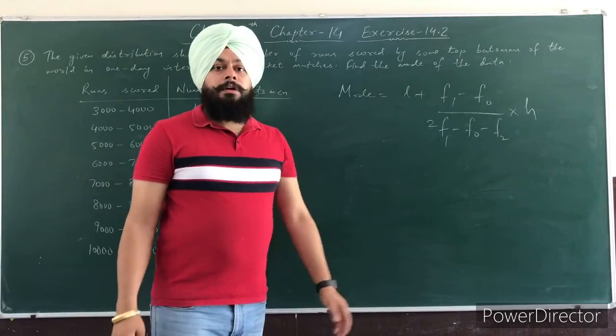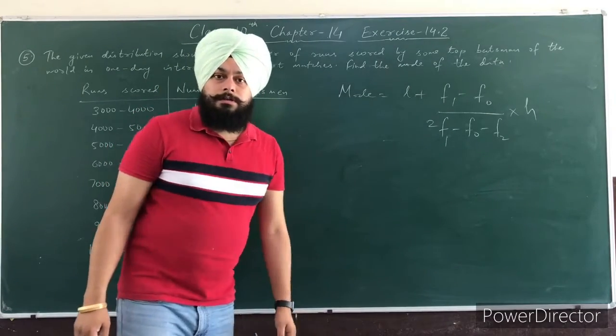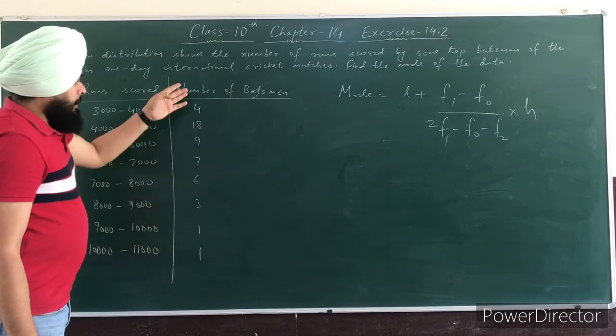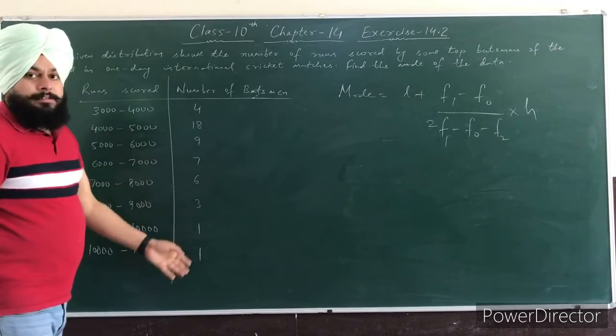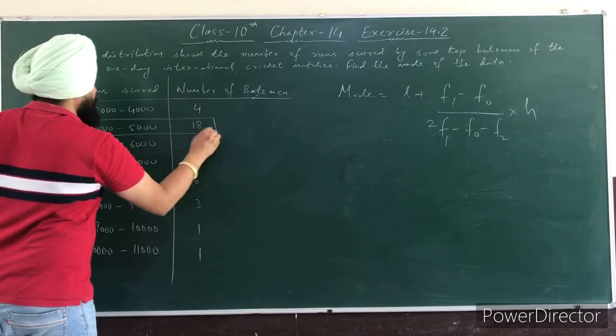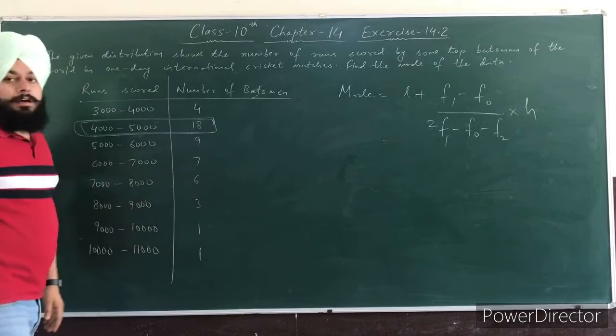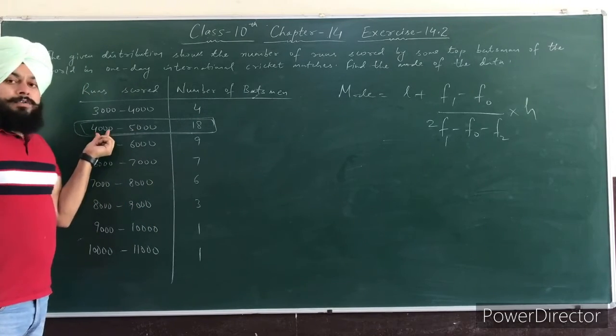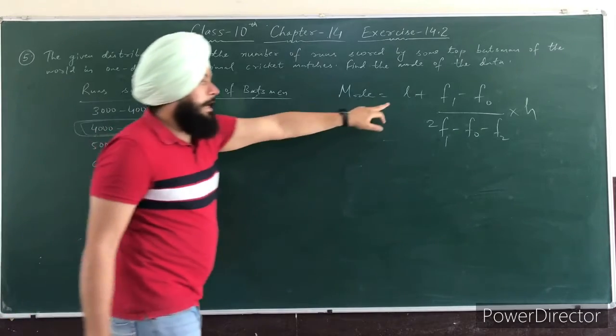L is the lower limit of the modal class. Which one is our modal class? You can check here, in this frequency, which is the highest. Highest is this 18. So we will take this class interval as our modal class. In this class interval the lower limit is 4000. So 4000 is taken as L.